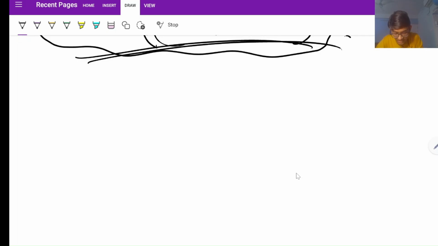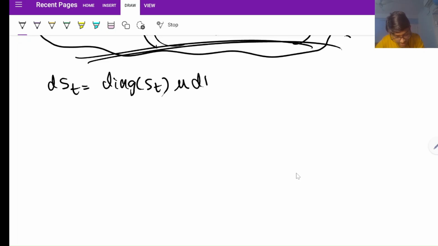So our SDE for M-GBM was simply dSt equals the diagonal matrix of St times the mu vector times dt, plus the diagonal of St times gamma times dWt, right?